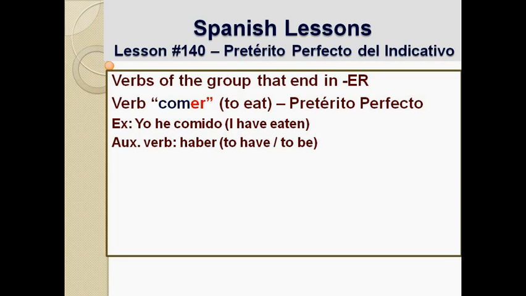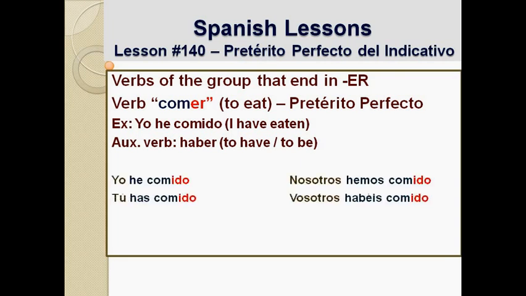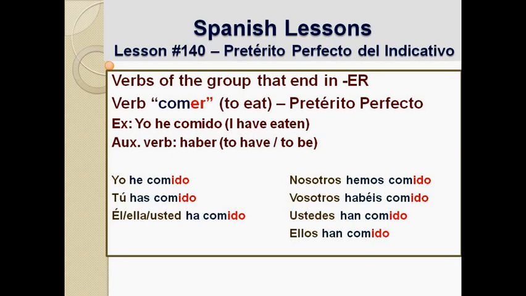We are still using the auxiliary verb haber. So we say, yo he comido, or I have eaten. Tú has comido. You have eaten. Él ha comido. He has eaten. Or ella ha comido. She has eaten. Or usted ha comido. You have eaten. Usted is you, formal you.